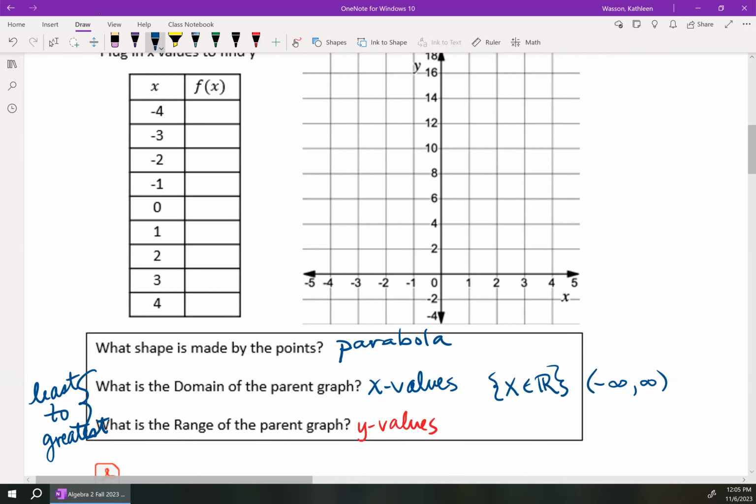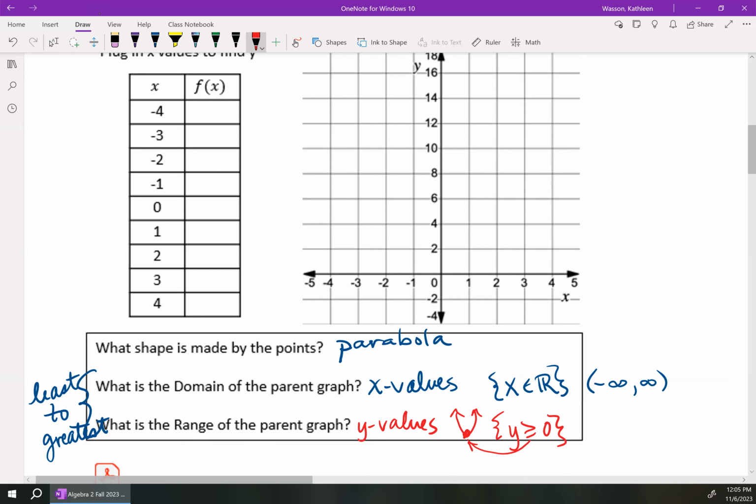For the range, it'll depend on if your graph opens up or down. The original equation opens up. So from whatever this point is, y will be everything greater or equal to whatever that y is. For this equation, it'll be 0.